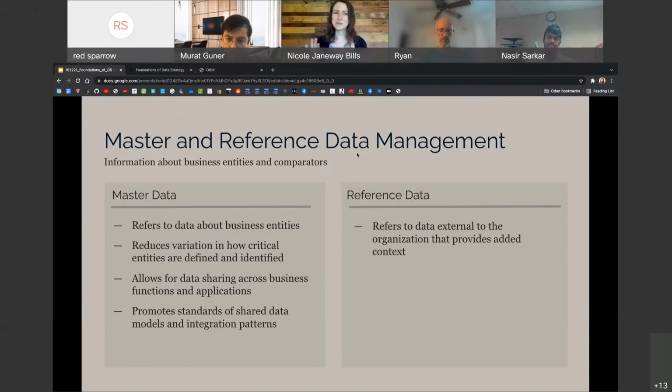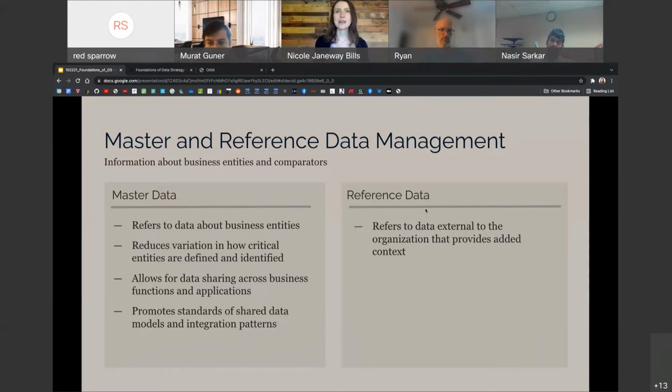And then similar but different, reference data is meant to be used across the whole organization, or it could be specific to a given organization or a business unit's challenge, I suppose. But it's by definition gathered from an external data source, and it's used to provide context to the organization's data.